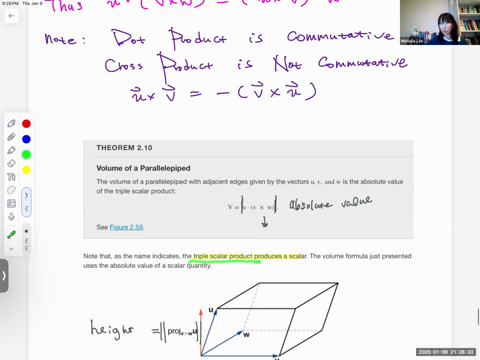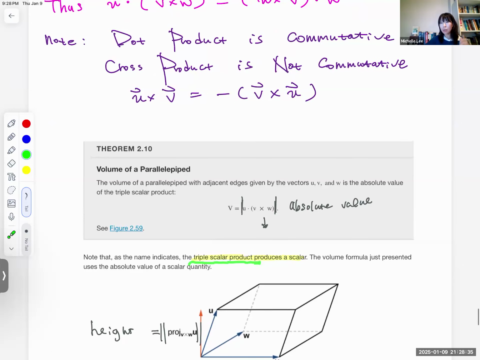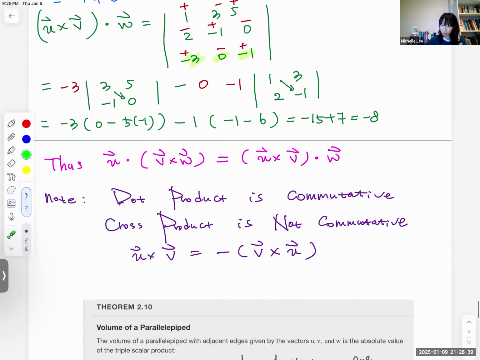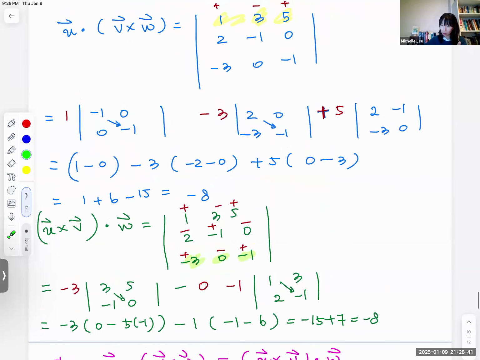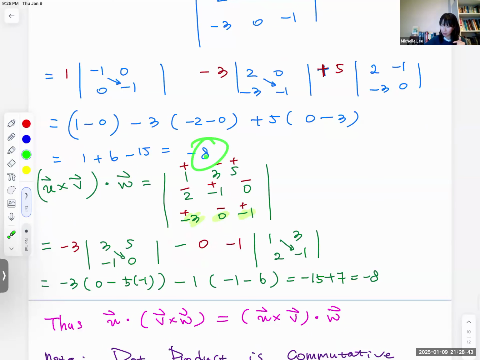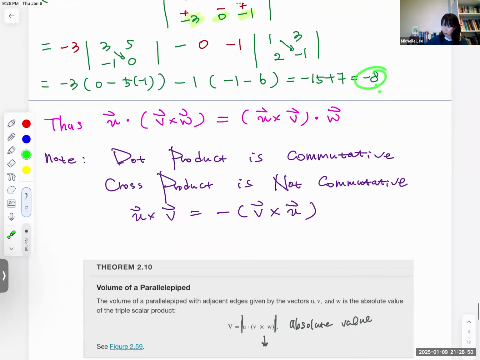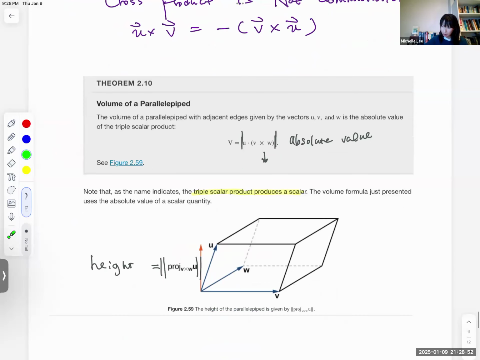So we did the problems. We have negative 8, negative 8, negative 8, negative 8, right? So it's a scalar, it gives us a scalar. Now, since this is 3 dimensions, we call it a parallelepiped, right?